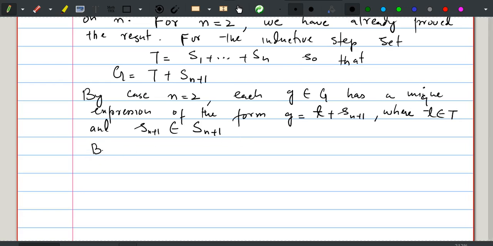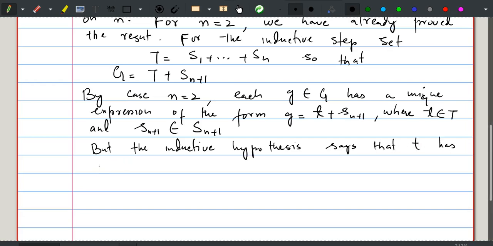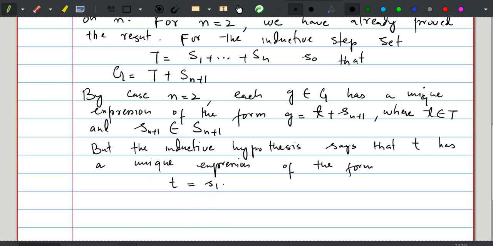But the inductive hypothesis says that T has a unique expression of the form T is equal to s1 plus so on plus sn, where these little si's are in big Si's for all 1 less or equal to i less or equal to n.